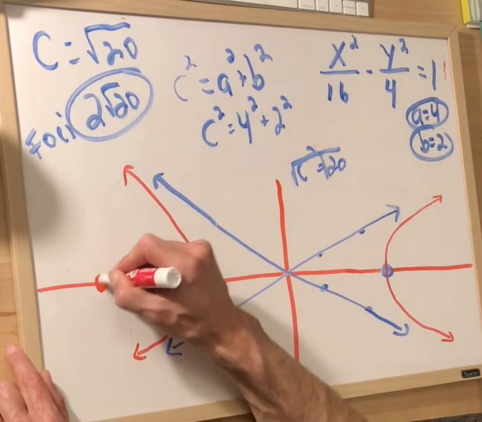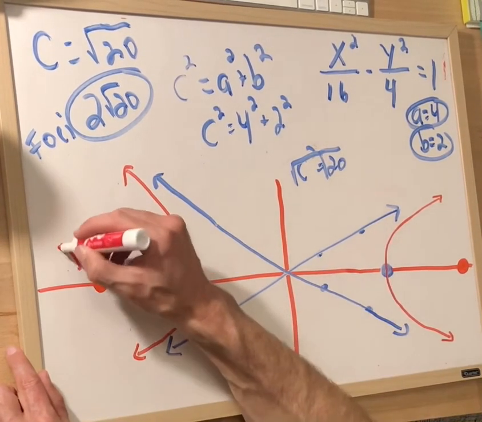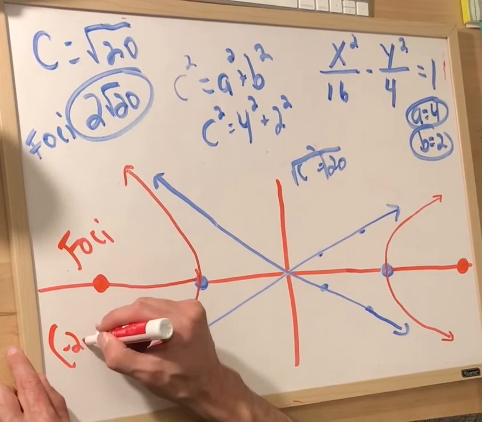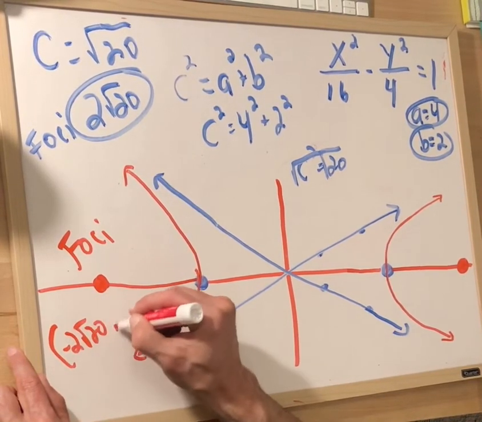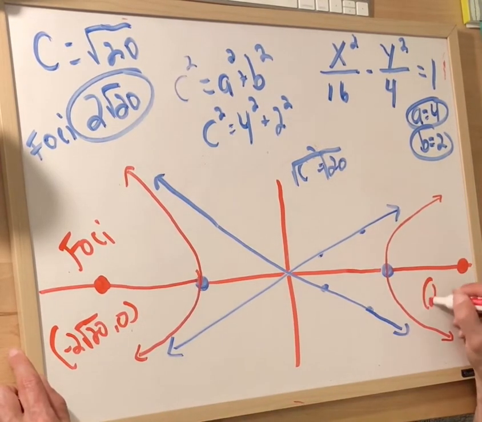So let's say it's right here. And it's a positive and a negative right here. These are the foci points, which is negative 2 root 20 comma 0. And this is the positive 2 root 20 comma 0.